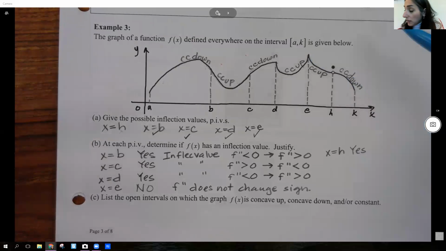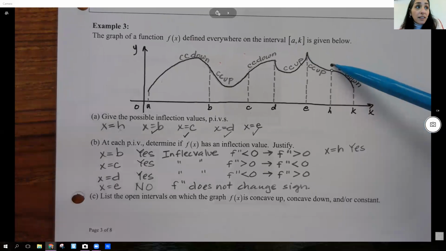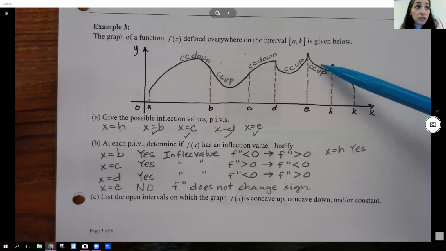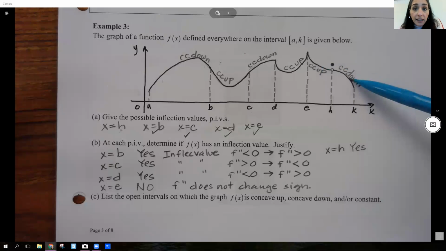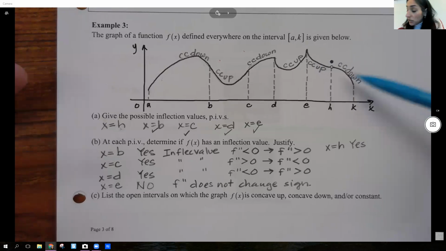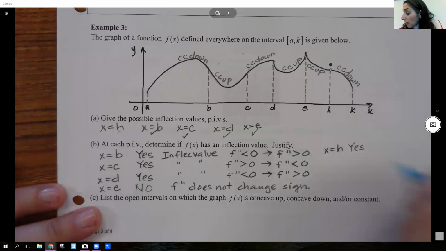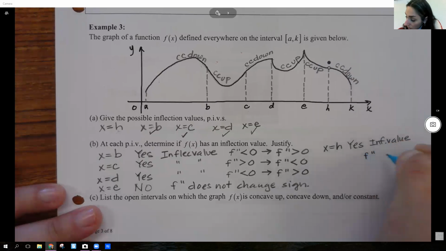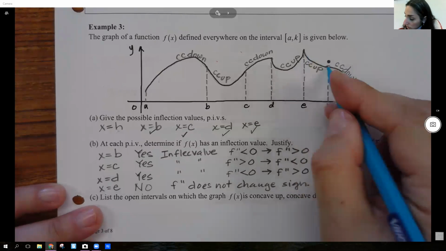But since they put that little dot right there, X equals H does exist in the domain. And since the second derivative changes from positive to negative, it satisfies the definition of inflection value. So that's a yes.